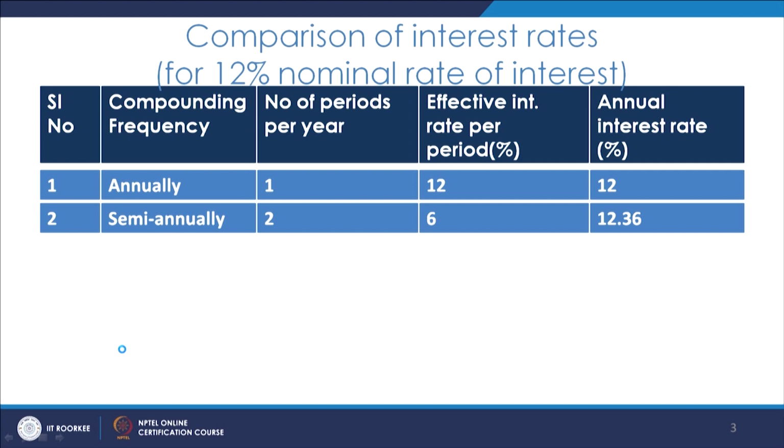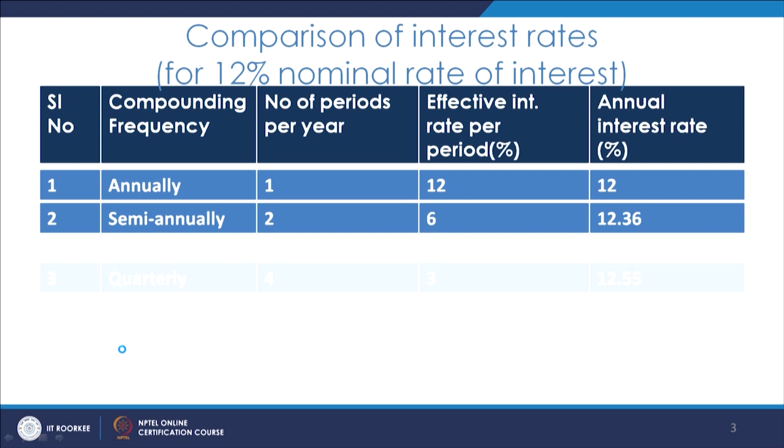But if you calculate the effective interest rate for the whole year, it will be different. So, it will be 1.06 multiplied by 106, and then 100 will be subtracted, that number minus 100. So, that will be the interest.